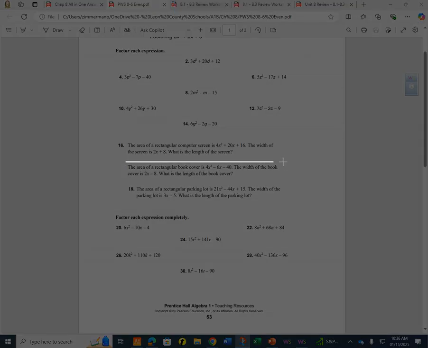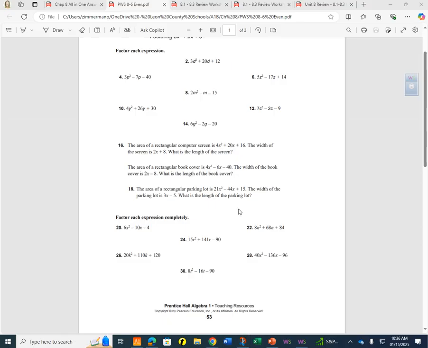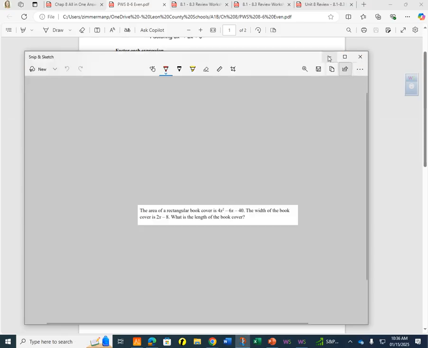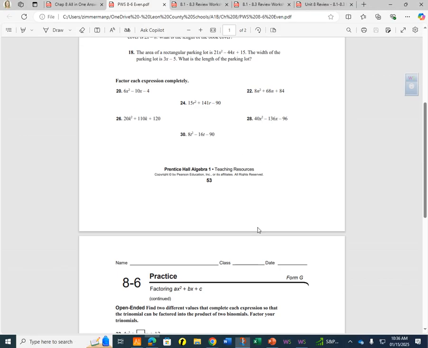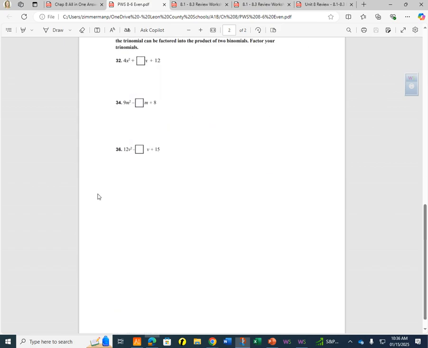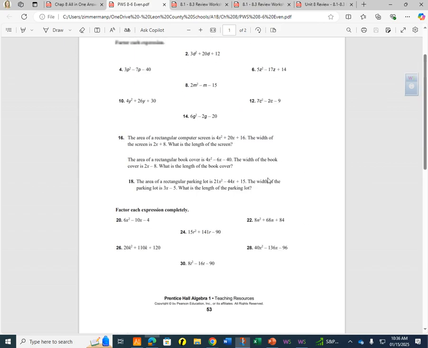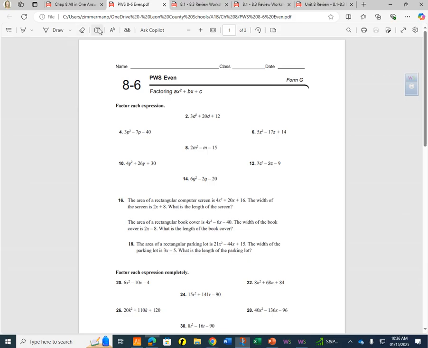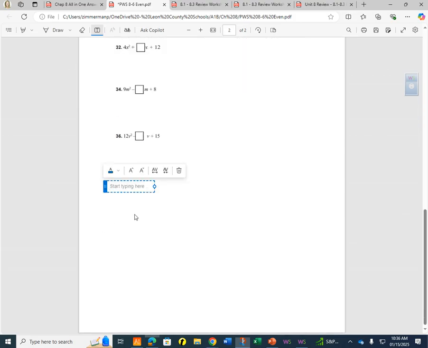There's not a lot of room on here, so I'd like for you to go to the back of your worksheet and just do it at the bottom here. Write example here, and give yourself enough room to work this last problem. I'll tell you what to write, okay?